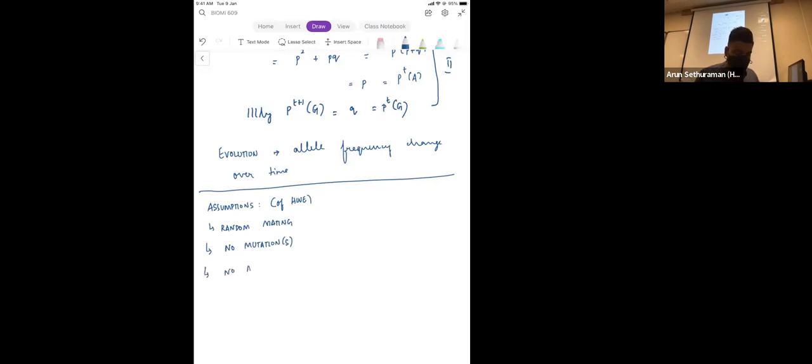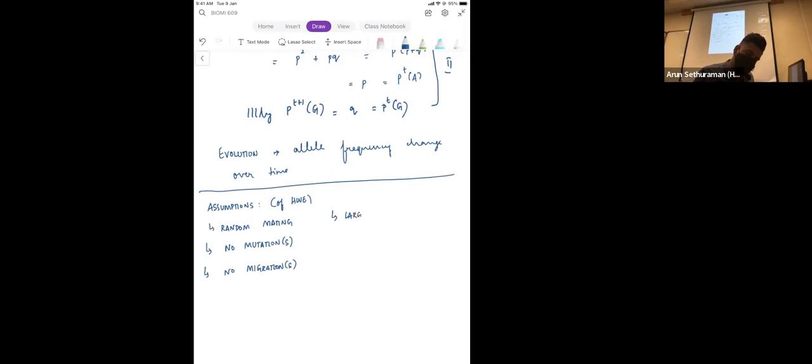Another assumption we're going to make is no migration. So let's assume that this is still a single population and there are no individuals leaving this population. There are no individuals coming into this population to change the frequency of those alleles. Okay? So population size, in other words, is held constant. Another assumption that we're going to make is a large population.